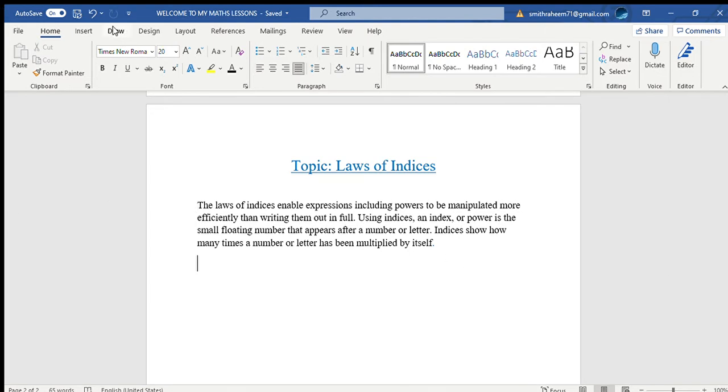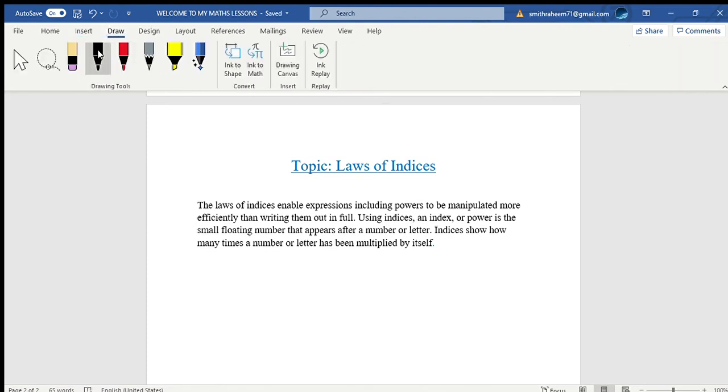Alright, let's say you have a squared. After reading the definition, it says that the indices is a small floating number. So here in this example, the floating number will be 2.